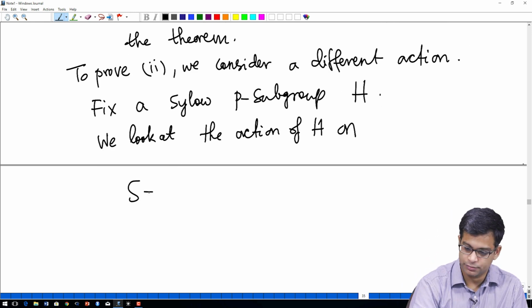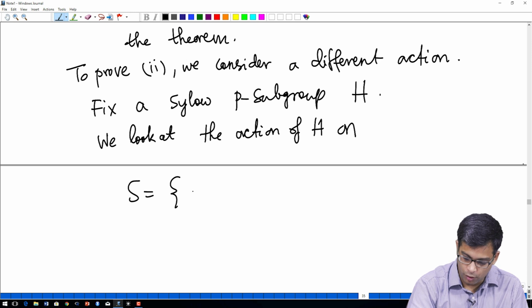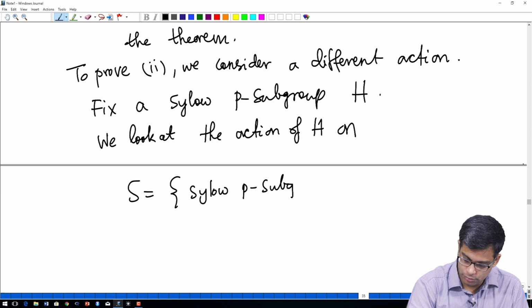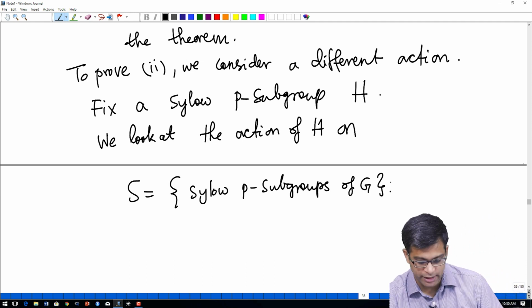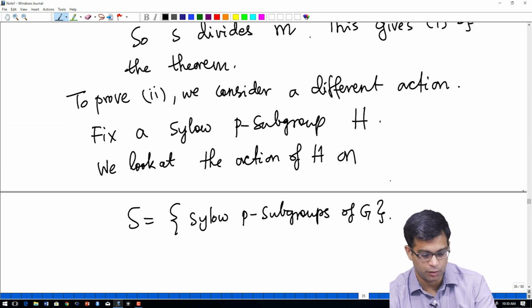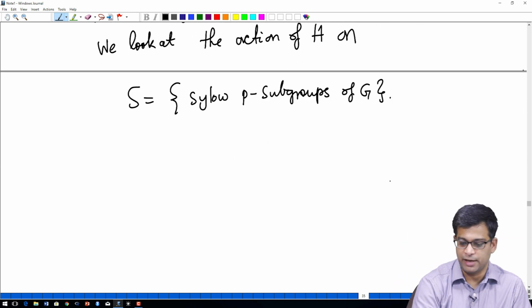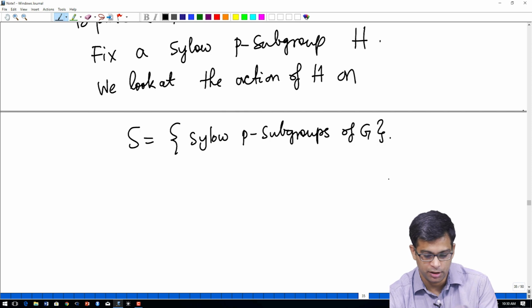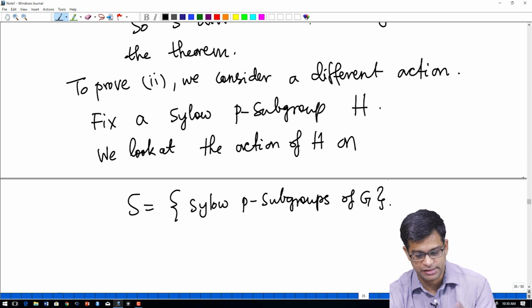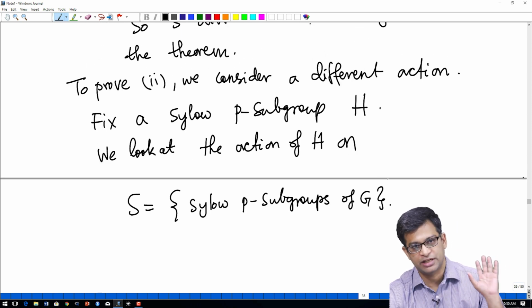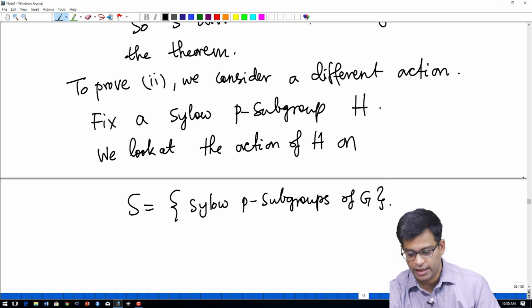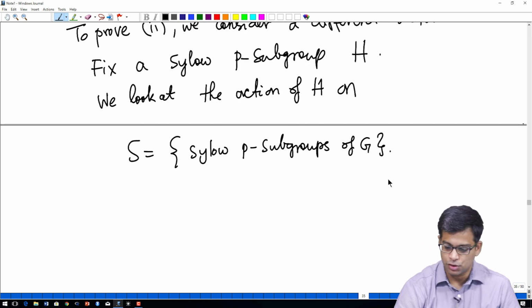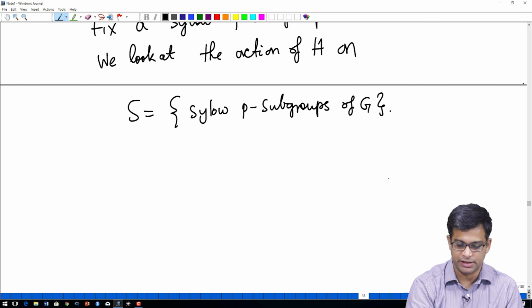So, S being all Sylow P subgroups of G, right. As in part 1 of this theorem, S was the same set, I am only changing the group which is acting. I do not consider the action of all of G, I only consider the action of the group H. So, the set of Sylow P subgroups remains the same.